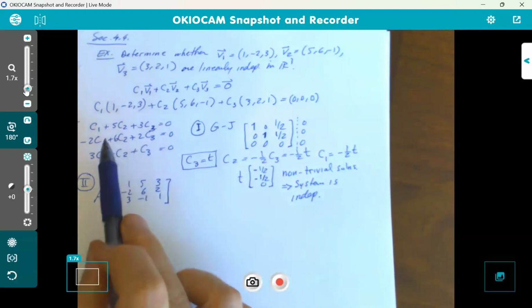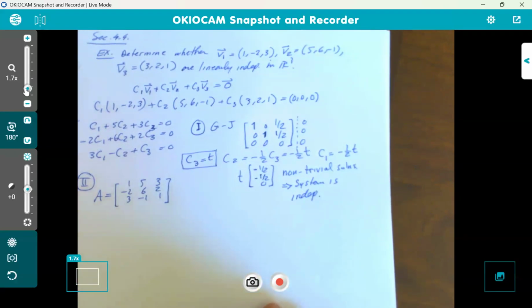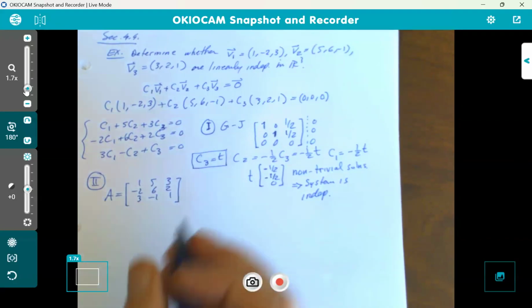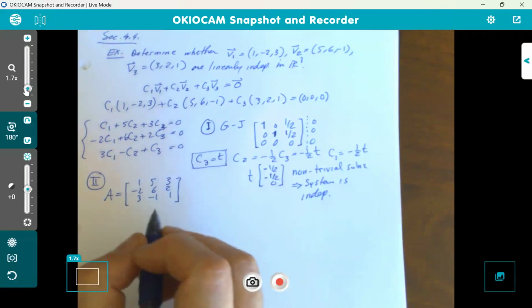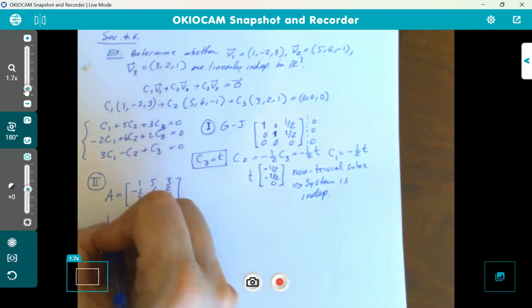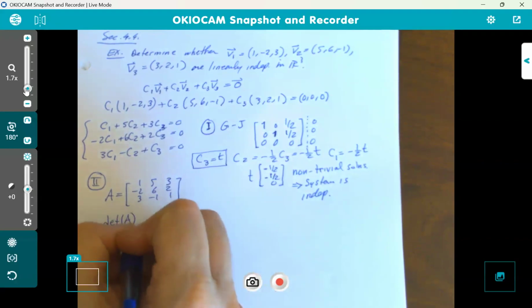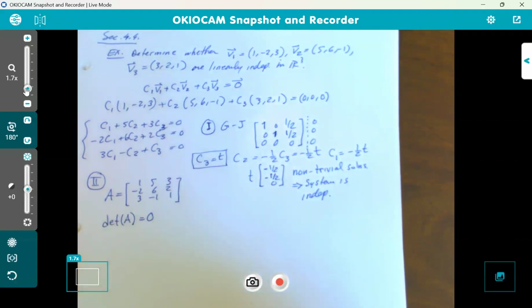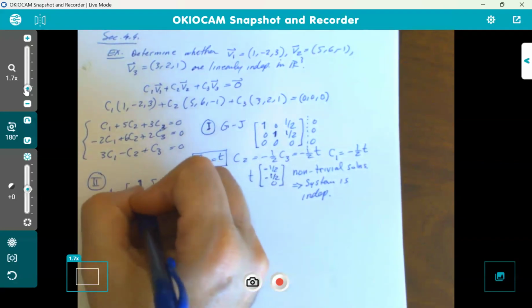That's my coefficients, coming from the system directly above. We don't want the zeros. And this time, find the determinant of this matrix. The determinant of A ends up being 0. Again, you can use whatever method or go to software to do it.